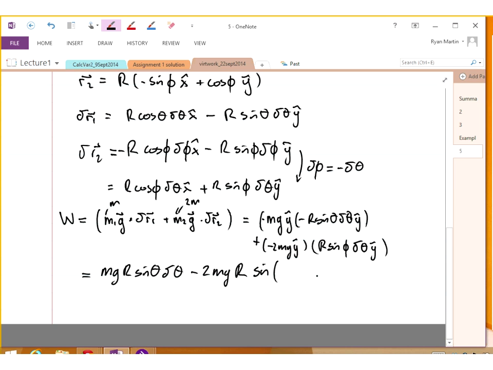Now, phi, remember we said, was equal to L over R minus theta. So that's sine of L over R minus theta delta theta.